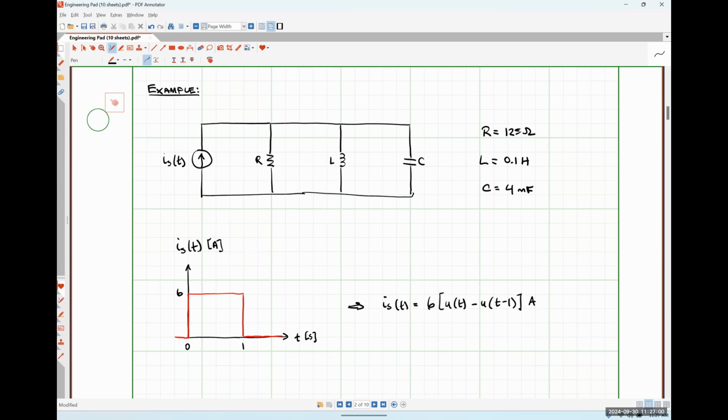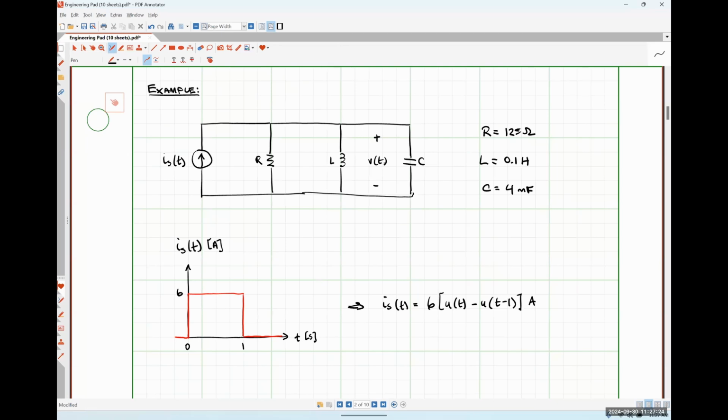Okay. So if we were interested in determining, let's say, our voltage, V of t in the time domain, I want us to make some predictions about this.